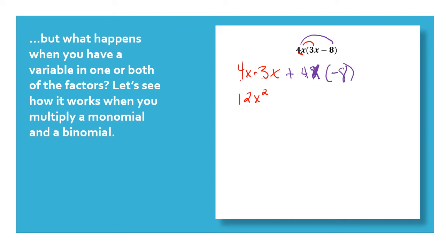So 4 times negative 8 is negative 32, and then I still have that x there that's being multiplied. So now what I have is 12x squared minus 32x.